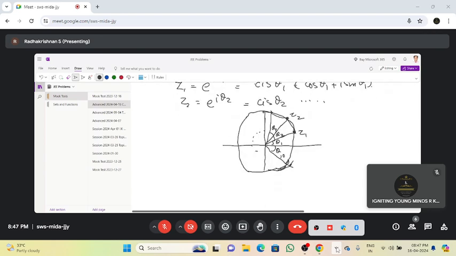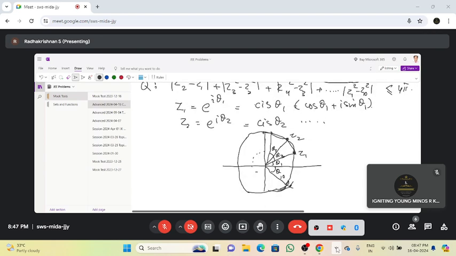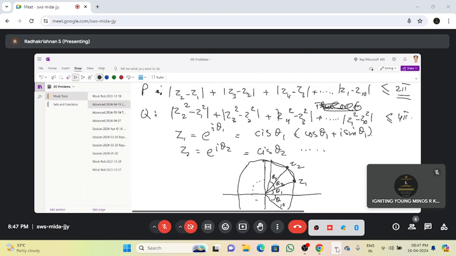So if you can understand this, when you just plot it, you can easily answer this. So can somebody tell whether this modulus of Z2 minus Z1 plus modulus of Z3 minus Z2 and so on will be less than 2 pi or not?